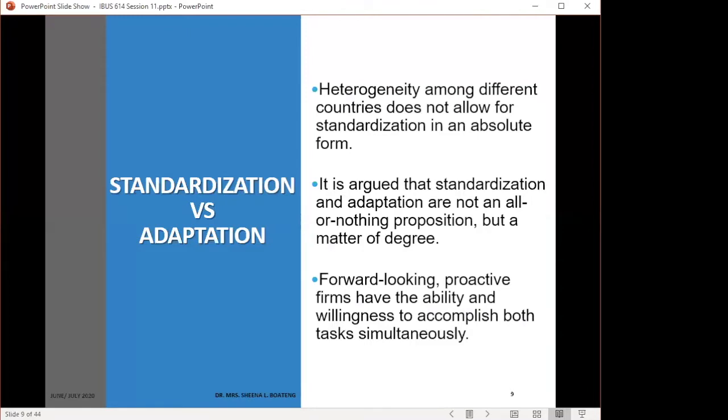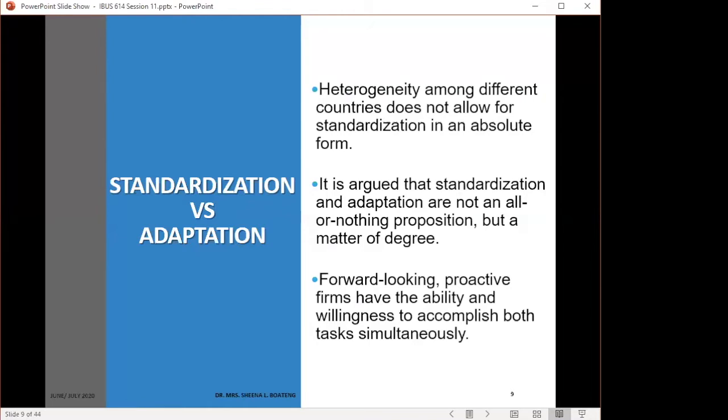It is virtually impossible. So standardization and adaptation should therefore not be an all or nothing proposition when it comes to global marketing mix strategies, because you can't use all of standardization and all of adaptation without managing to customize in some way or another to suit the unique idiosyncrasies of the various markets that you are trying to enter as a global marketer.